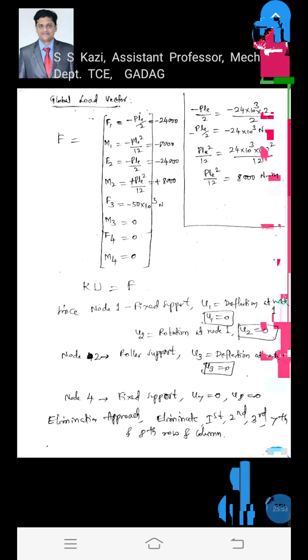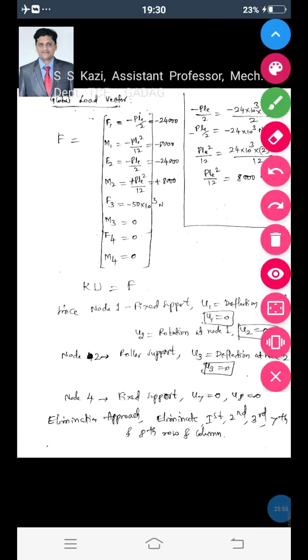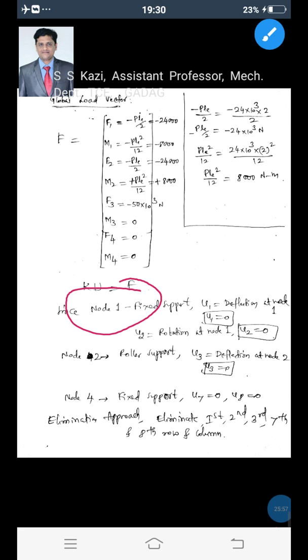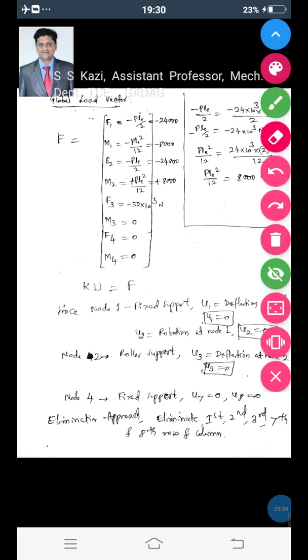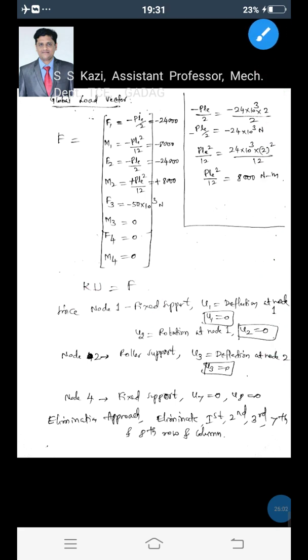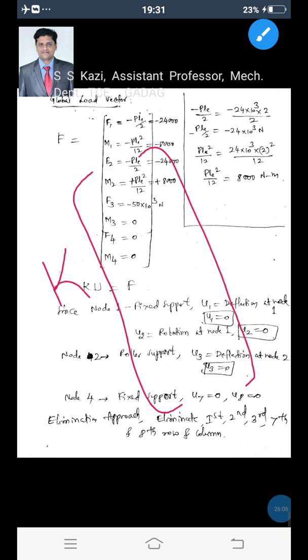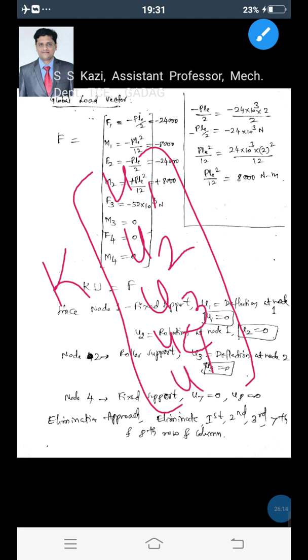Okay, once you write the global stiffness matrix, then how do you write the K into U matrix? Since there are 4 nodes, at each node 2 unknowns, then you should write U1, U2, U3, U4, U5, U6, U7 and U8.